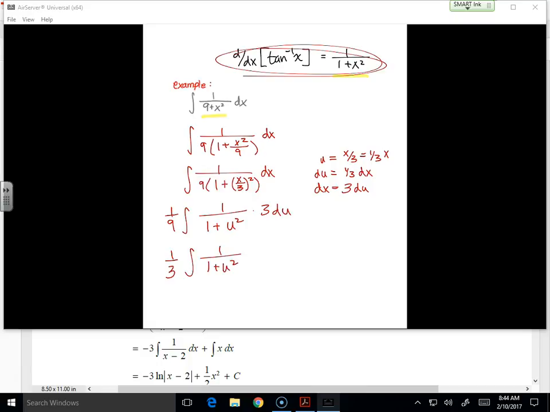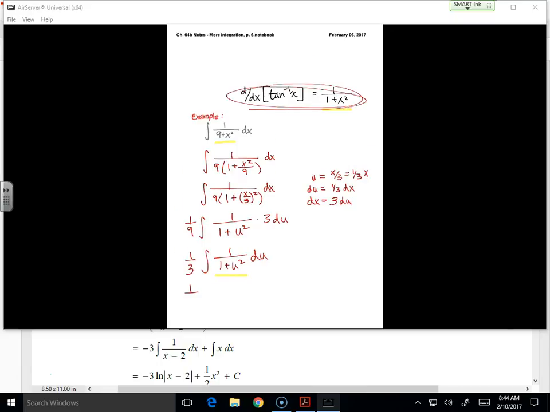Now does this look like the formula up above? Finally. So this will be 1/3 tangent inverse of u plus c, which is 1/3 tangent inverse of x over 3 plus c.